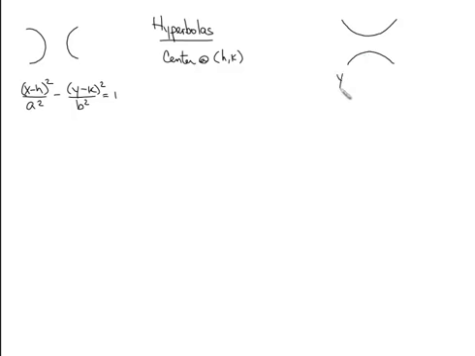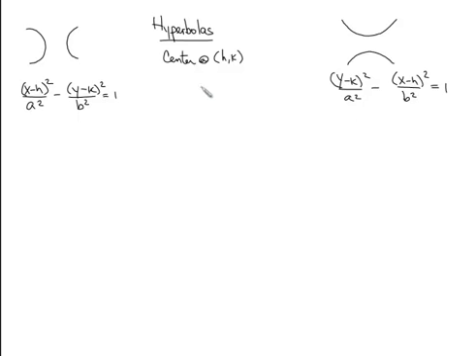Likewise here, it's going to be y minus k squared over a squared minus x minus h squared over b squared equals 1. Notice this is a bit different. On ellipses, a squared and b squared switch places. On hyperbolas, it's the y minus k and x minus h squared, parentheses, that switch places.